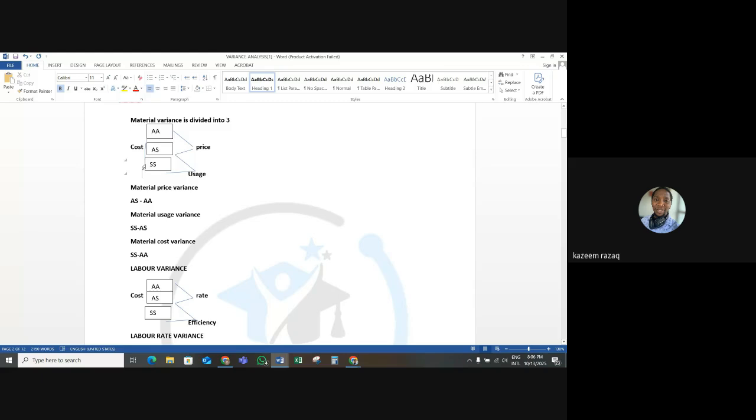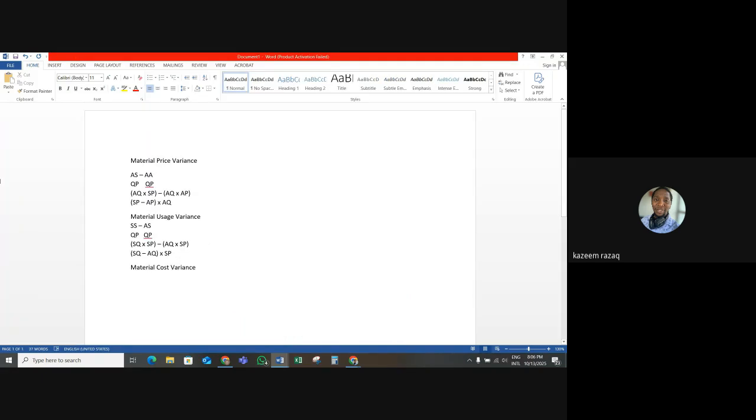Just like I said, I'm adding QP under each of them. And what would that give me? Standard quantity times standard price, right? Minus actual quantity times actual price. Is anything common in this bracket?